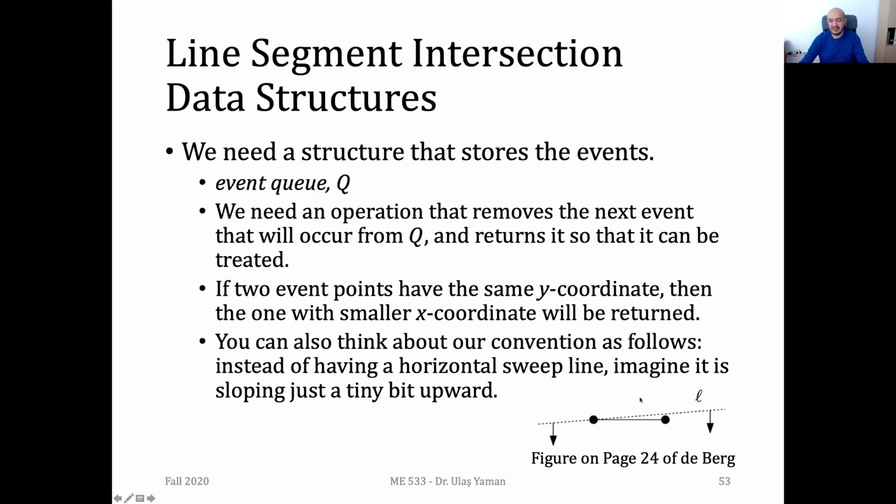So we can assume that instead of having a horizontal line, we will have a bit tilted line, so that we will always handle the event point having the smallest x value first. As you see, they have the same y coordinate, but once your sweeping line is tilted a little bit, by a very small infinitesimal value, that means we should be handling the event point having the smaller x coordinate.